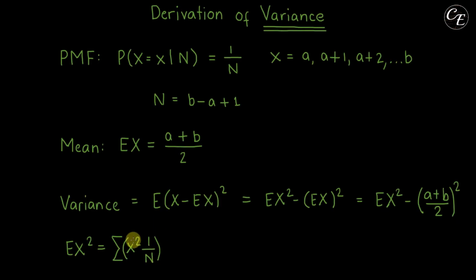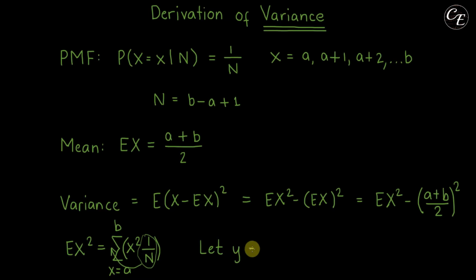Then the random variable can have values from a to b, so we have here from x equals a until b. Now this 1 over n is a constant, so we can move it outside of this summation. And then let us do some transformation.